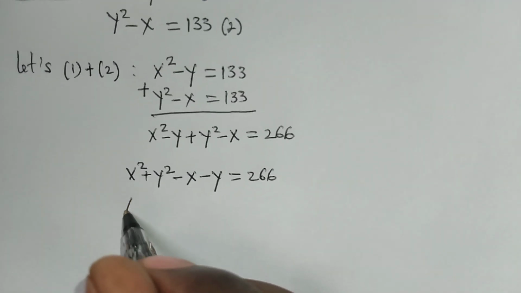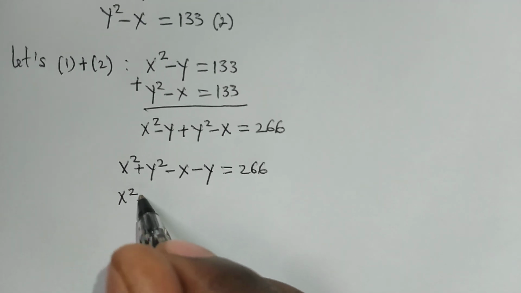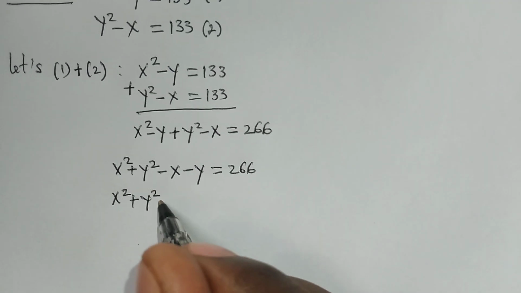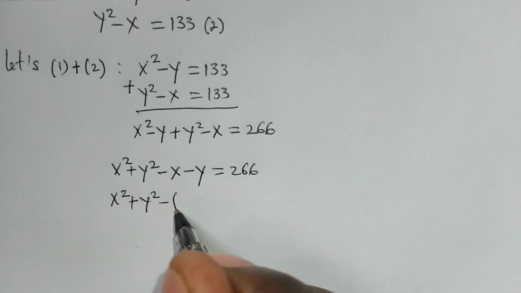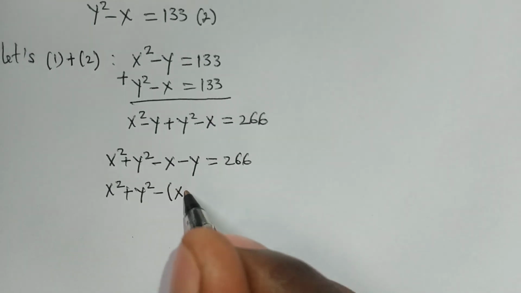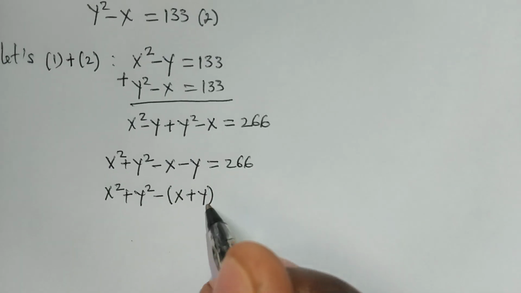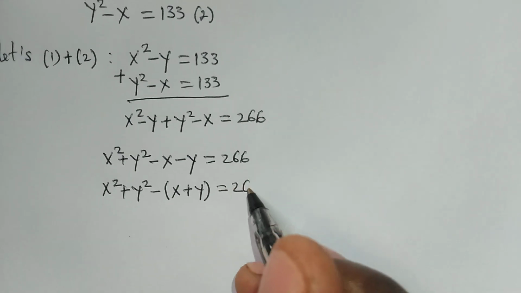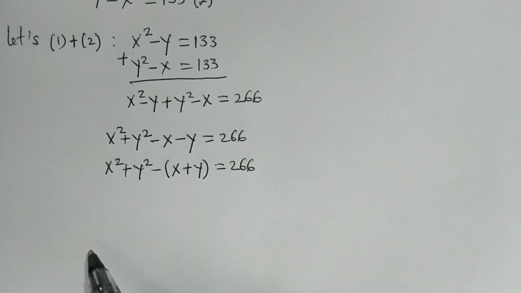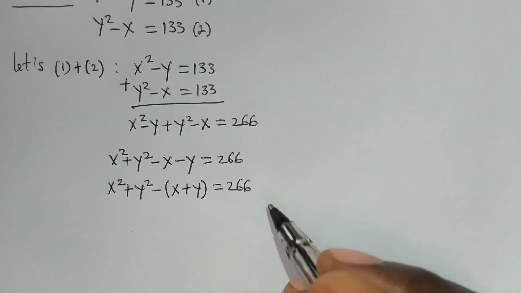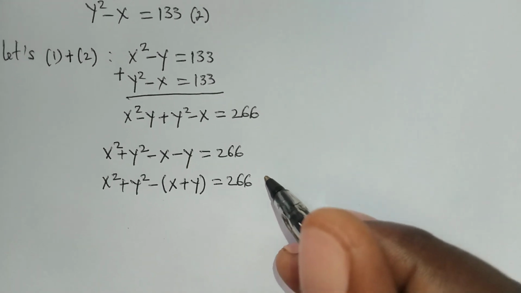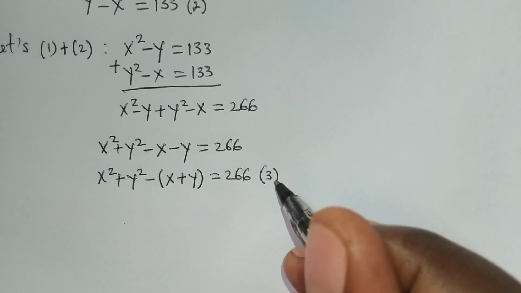So we have x square plus y square minus, in parentheses, x plus y, which is equal to 266. We take this as equation number 3.